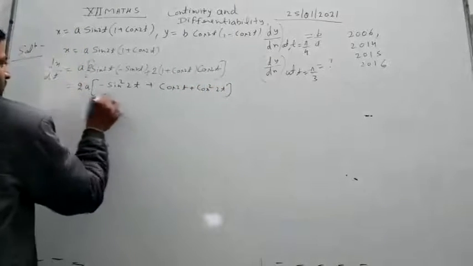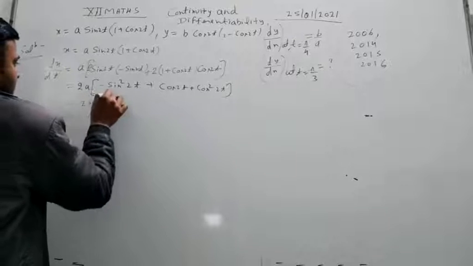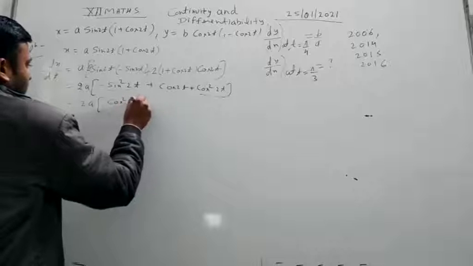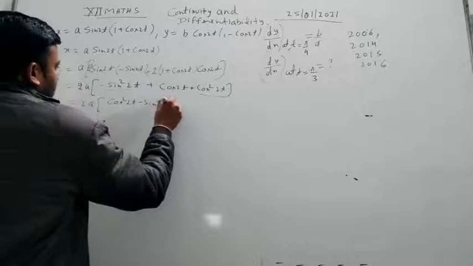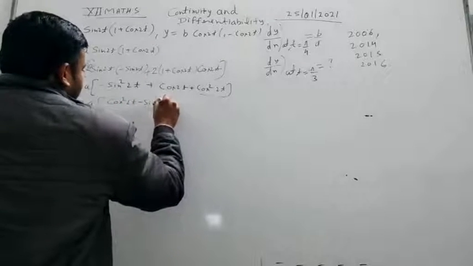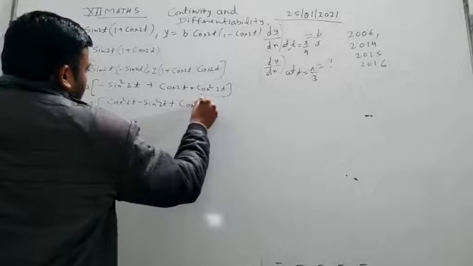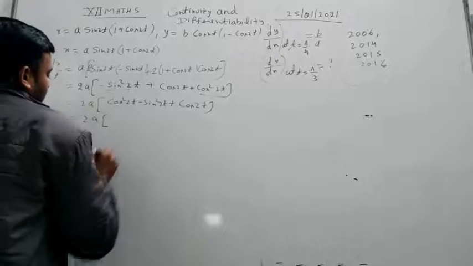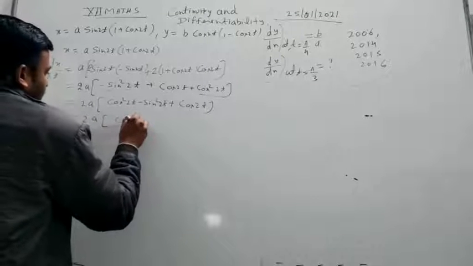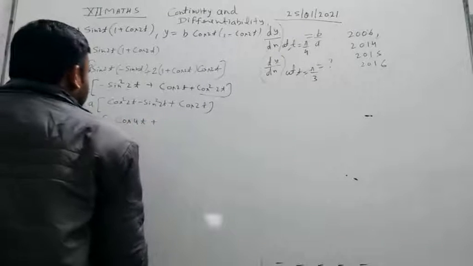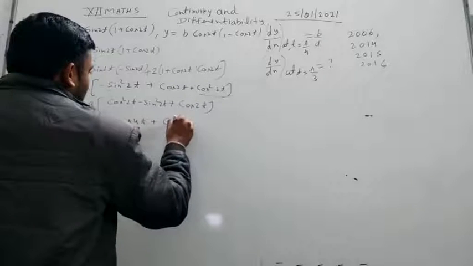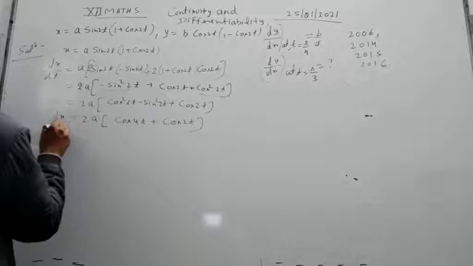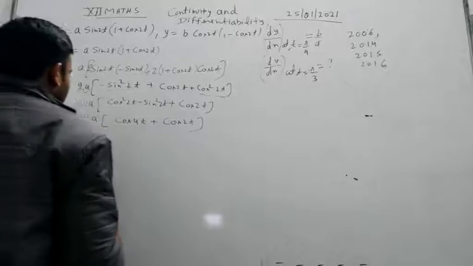So this is 2a, and we can write cos square 2t minus sin square 2t plus cos 2t. So 2a is cos 4t plus cos 2t. So dx by dt is this, the first equation.